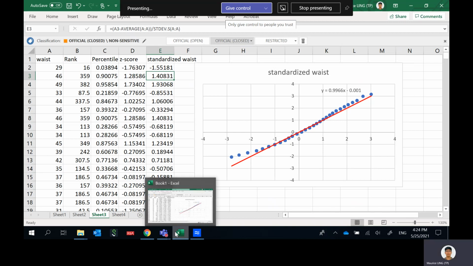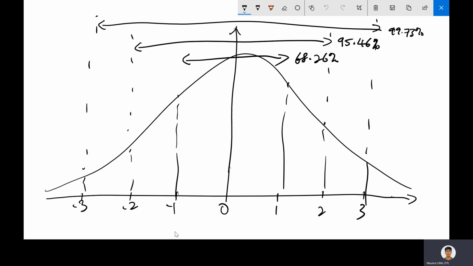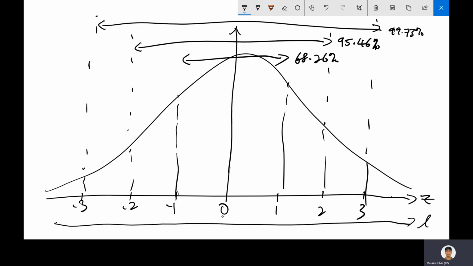So it's similar to doing this, okay? Let's say this is a Z scale. Just now what we have is the length scale. The length scale, this is still 150. This is plus 22, so it's 172.